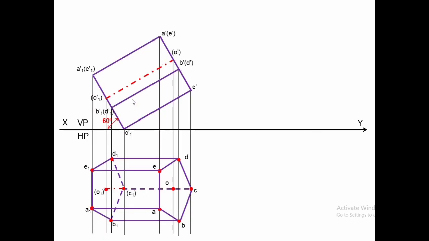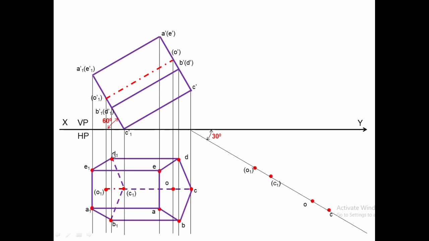That is, the axis appears to be inclined at 30 degrees to VP. Draw an angle line of 30 degrees. Mark all these points along the line.